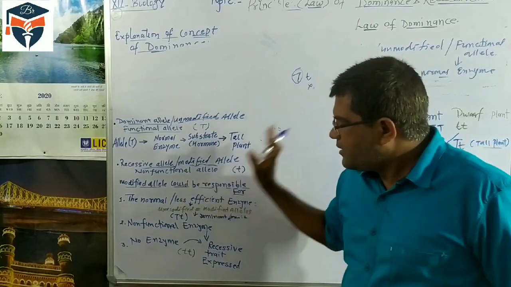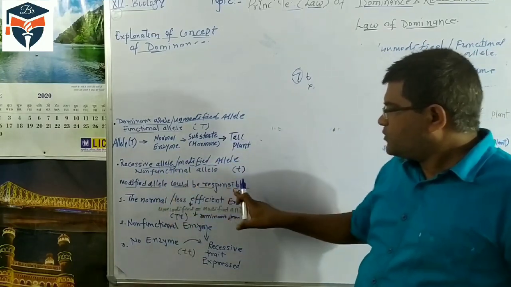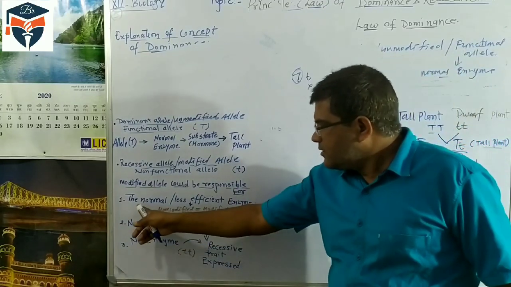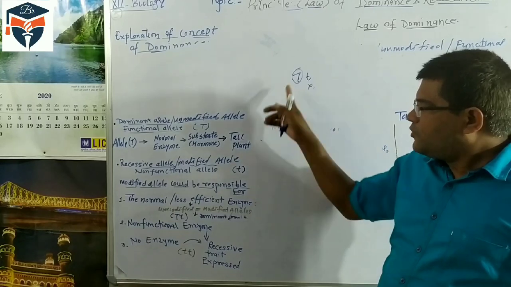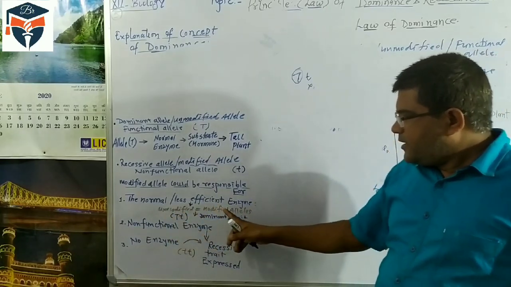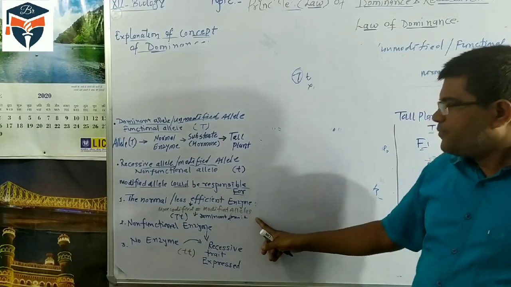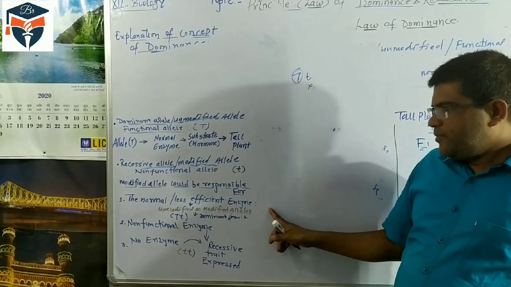So what could the non-functional allele be responsible for producing? The normal enzyme. If normal enzyme is produced, the dominant characteristic appears because the unmodified and modified alleles will be equal.